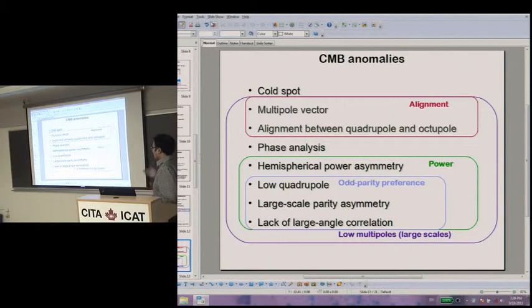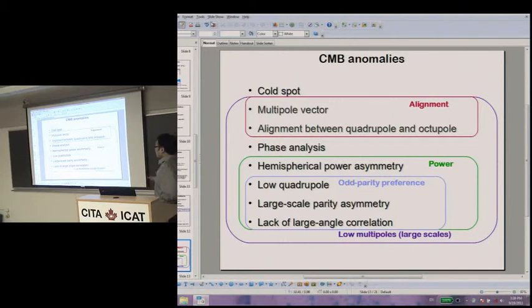They can be thought of as a single anomaly because, for instance, the low quadrupole is an even multipole, so it may be considered part of this odd-parity preference. So you can group the anomalies, and these four are all related to power, and all of these are related to low multipoles and large angular scales.